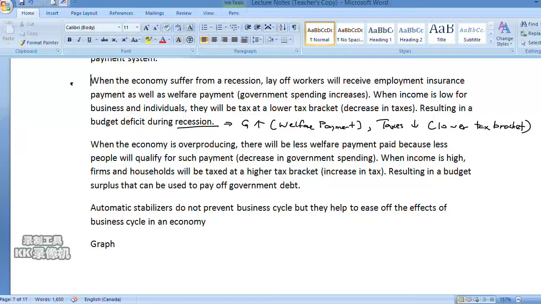When government spending increases and tax decreases, the government will be running a deficit. So during recession, the government is going to run a deficit because of the built-in policies.